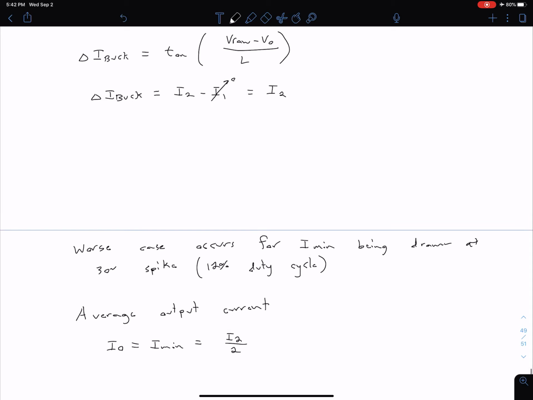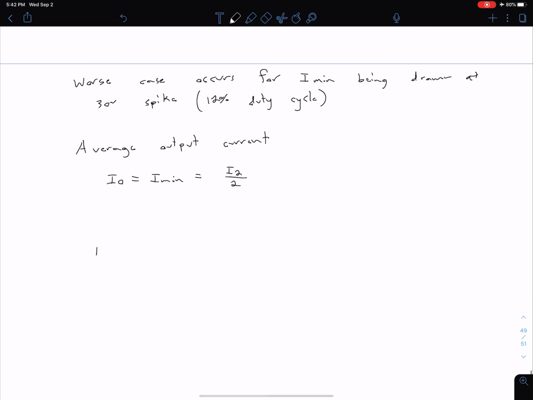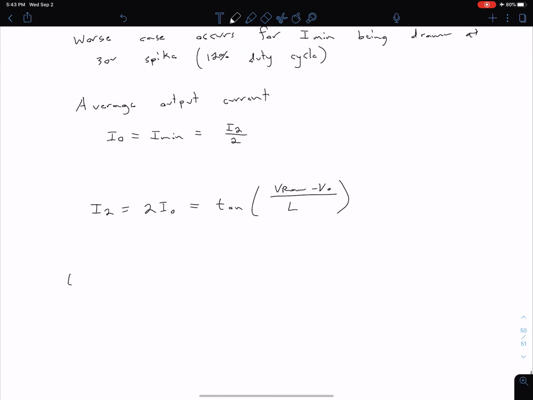We can say our I2 is equal to 2I naught, and we know that is equal to, from our previous equation up top, T on times V raw minus V out, all divided by L. Now we want to rearrange this and solve for our L. So L is equal to, and T on I'm going to replace with D buck times T, times V raw minus V out, divided by 2I naught.